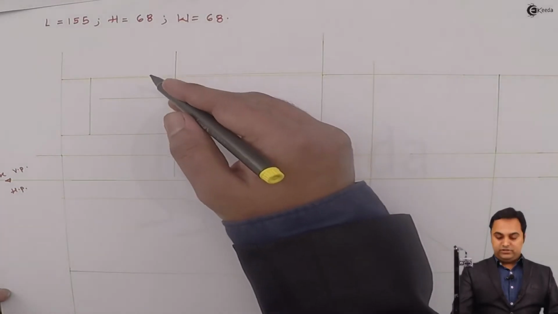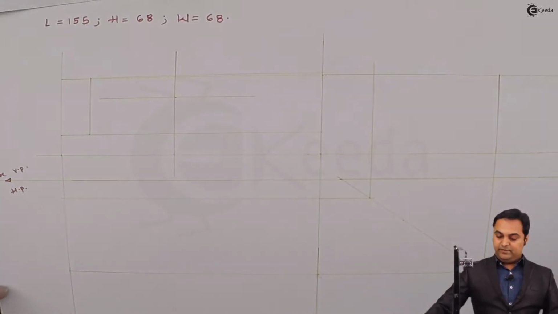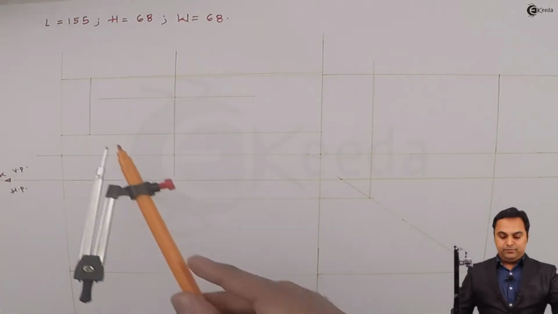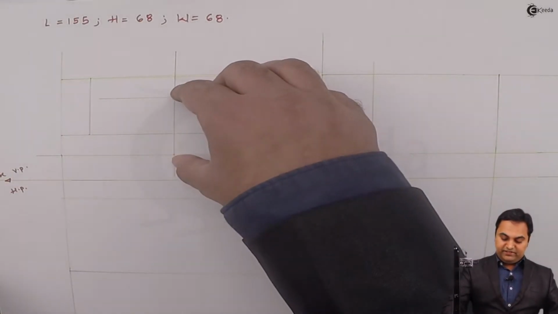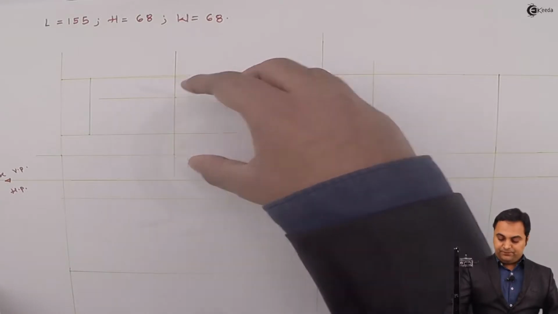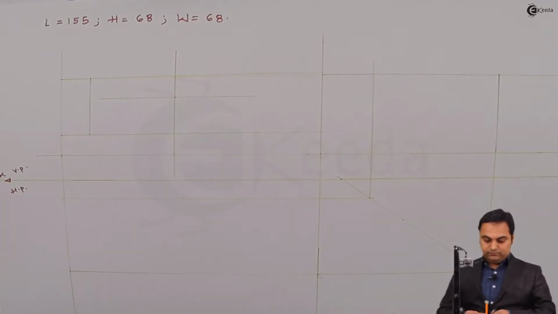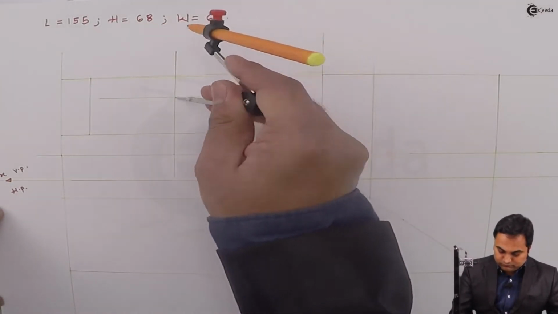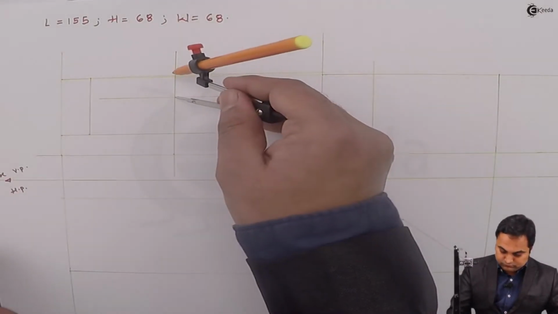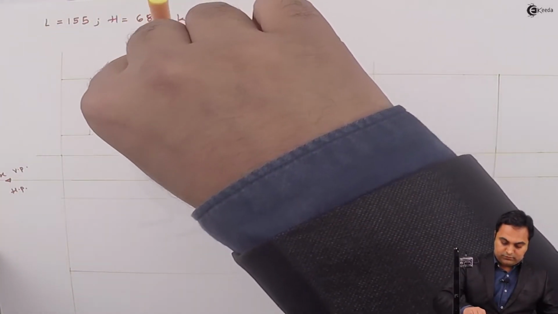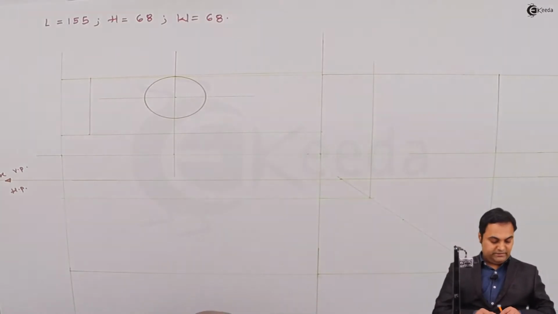Next, the outer circle is having a radius of 18 mm, so that 18 is already there because from the bottom I have taken the distance as 50 mm and the total height is 68, so whatever remains is 18 mm. Drawing a light circle.